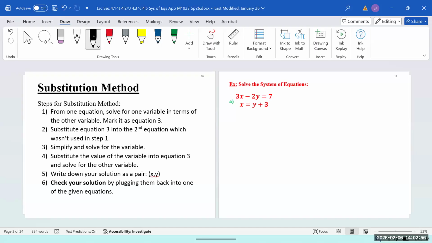So our entire first equation becomes something with y equals 7. So all you have to do is do algebra, solve for y. Once you solve for y, substitute here, you get x. That's why this is called substitution. We substitute one variable with another expression and then do the math.